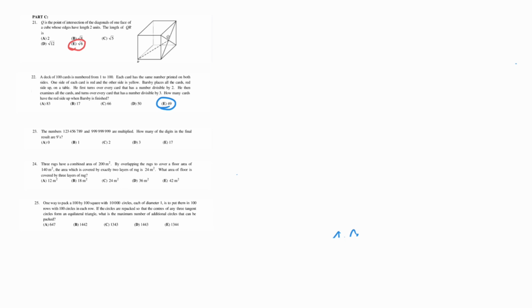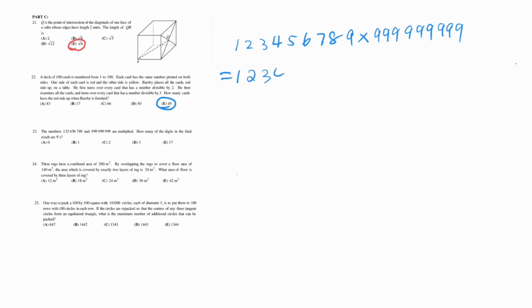So let's do the math. 1, 2, 3, 4, 5, 6, 7, 8, 9 times 999,999,999. So we do 1, 2, 3, 4, 5, 6, 7, 8, 9 times. That's 9, so many 9s equals 1 billion.